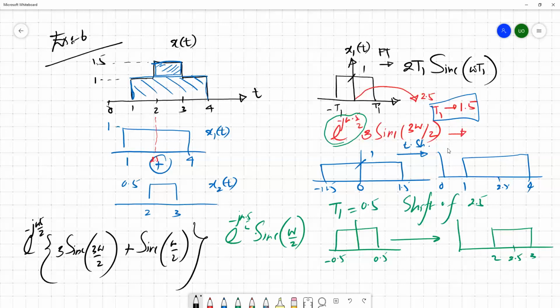So this is the Fourier transform of this given function. We basically used two properties. First, the time shift property. Then the second one is linearity.